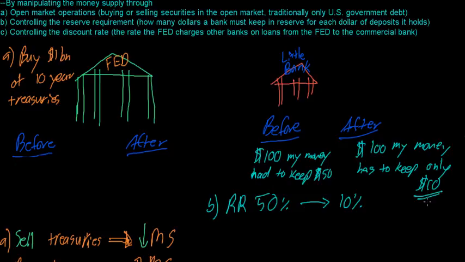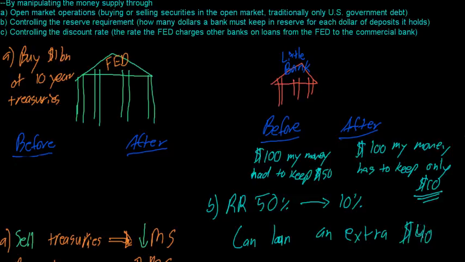And this is the kicker. Because it only has to keep $10, it can now loan out the other $90. So from before and after, the bank can now loan out an extra, and this is a horrible A, sorry, an extra $40.